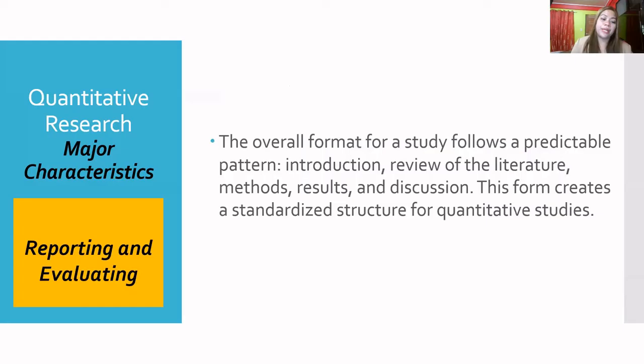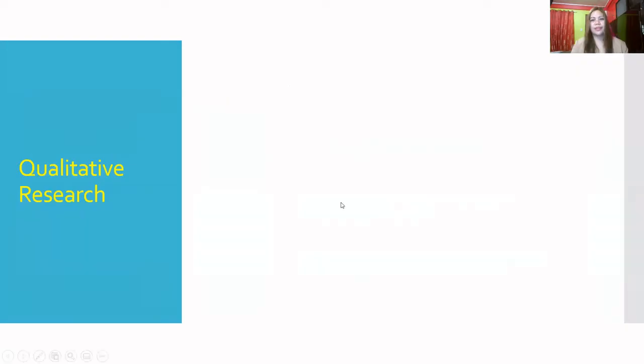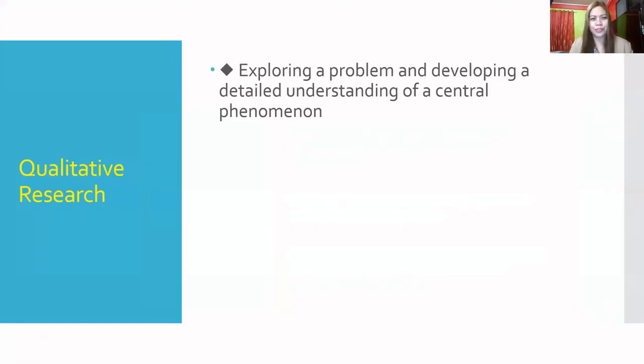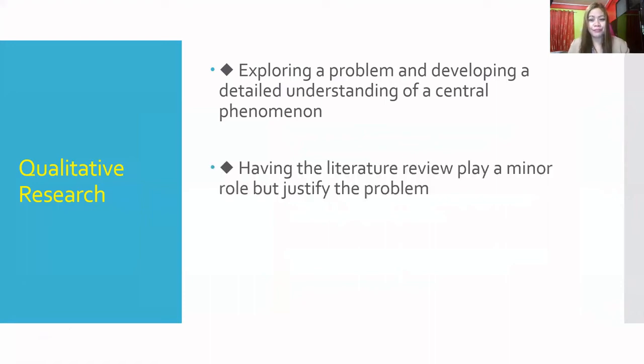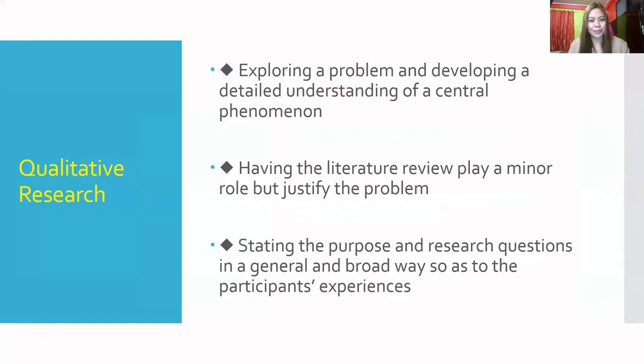Then, results are interpreted in light of initial predictions or prior studies. This interpretation is an explanation as to why the results turned out the way they did, and often explains how the results either support or refute the expected predictions in the study. Now, in terms of reporting and evaluating, the overall format for a study follows a predictable pattern: introduction, review of the literature, methods, results, and discussion. This form creates a standardized structure for quantitative studies. Now, what about qualitative research? What are the major characteristics of qualitative research? Exploring a problem and developing a detailed understanding of a central phenomenon. Having the literature review play a minor role but justify the problem.